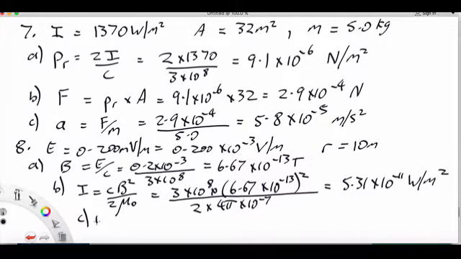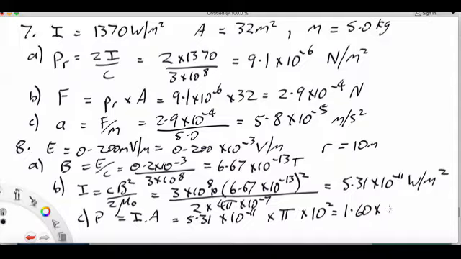So now we've got power is intensity times area. So we have it equals 5.31 by 10 to the minus 11 times pi times r squared, and r is 10 meters. So we have the power is 1.60 by 10 to the minus 8 watts.